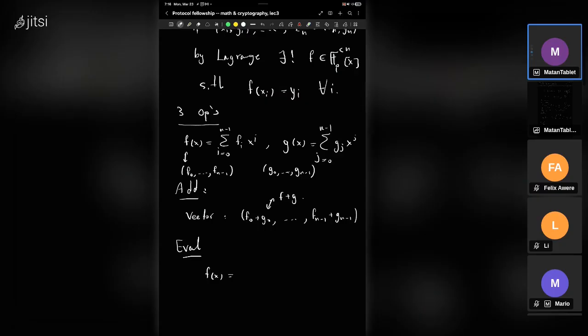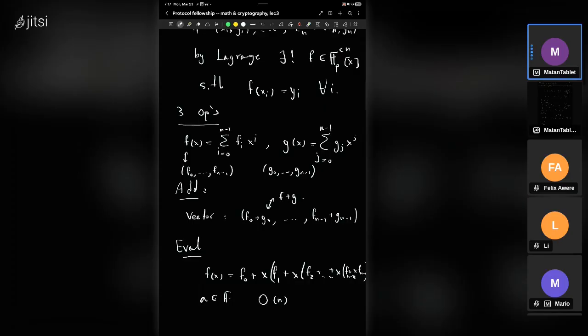I can write it as f0 plus x f1 plus x f2 plus ... x fn minus 2 plus x fn minus 1. And if you give me a in the field, I can plug it into this formula and evaluate the polynomial in complexity O of n.